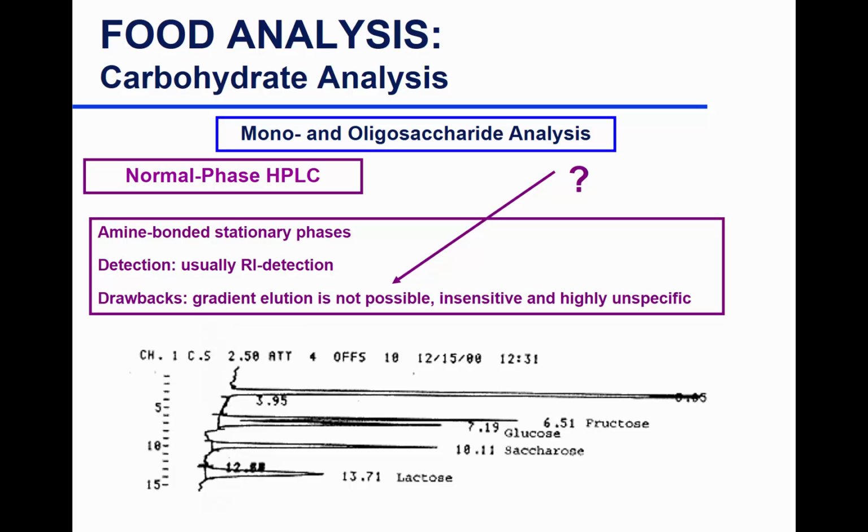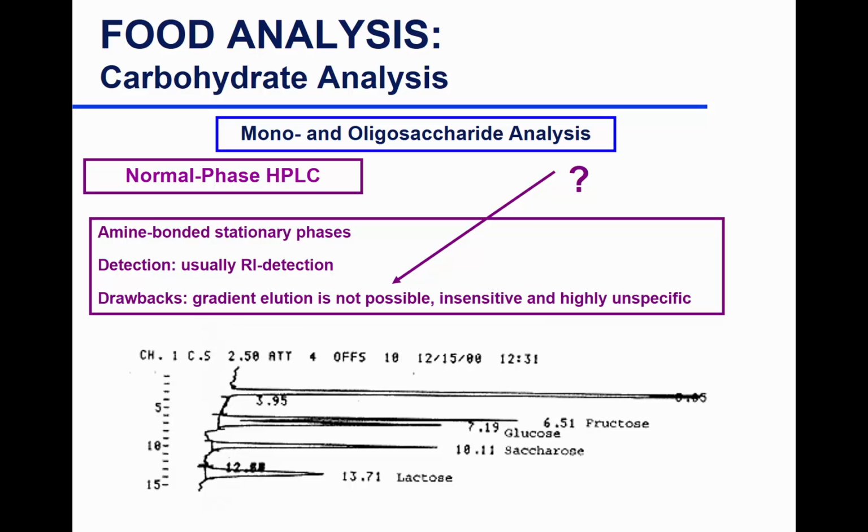Your mobile phase passes through the detector, and that is your base, and then your sample goes in and gets detected, and you detect a change in refractive index. This is how quantification occurs. So if your mobile phase is changing, you can't have an accurate quantification.